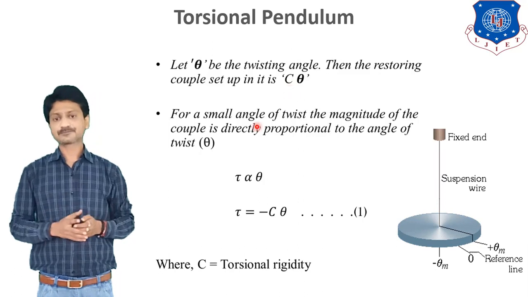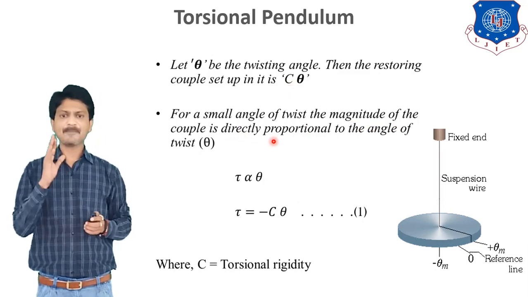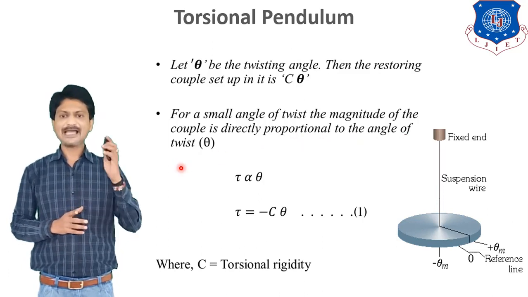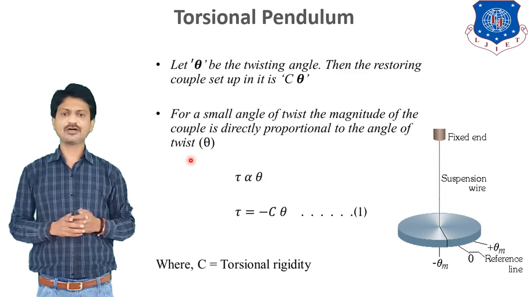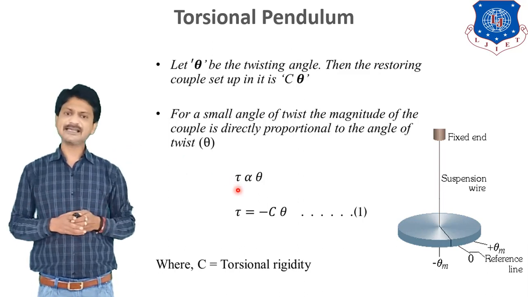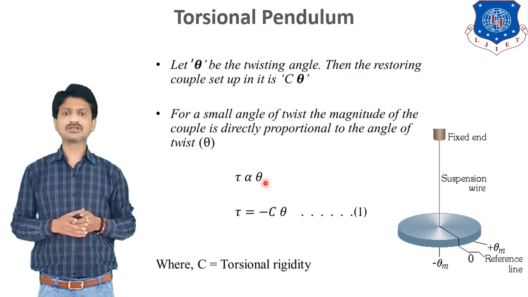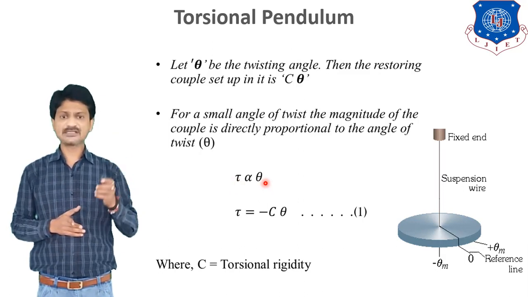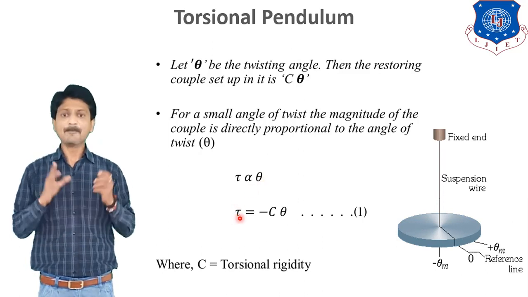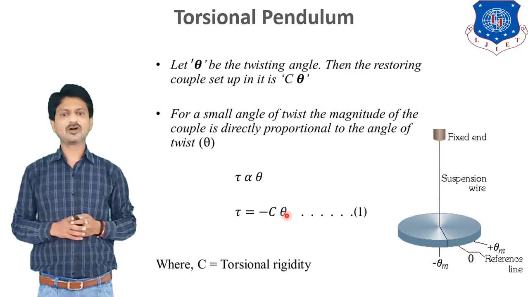Now, for a small angle of twist, the magnitude of couple is directly proportional to the angle of twist, that is theta. So tau is directly proportional to theta, where tau is the magnitude of couple and theta stands for angle of twist.